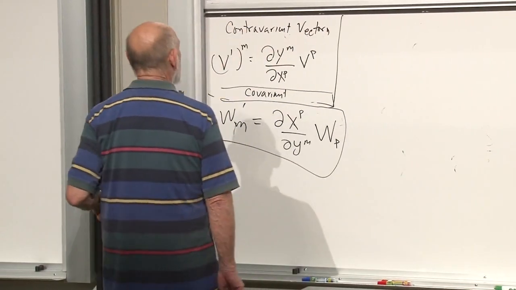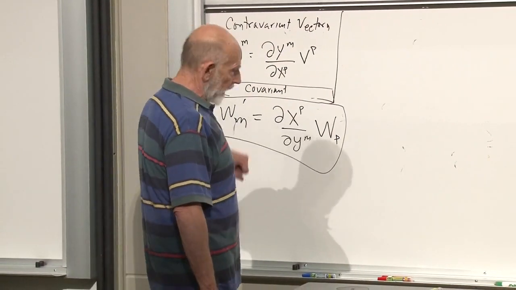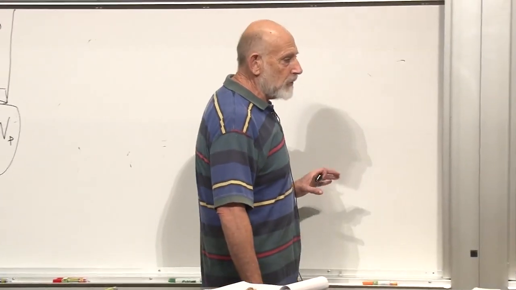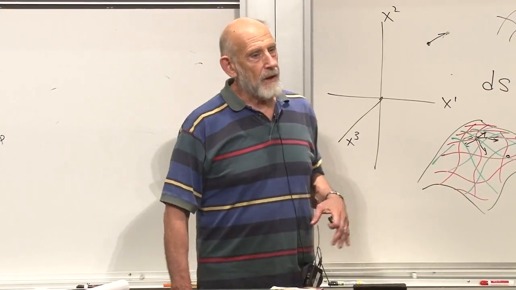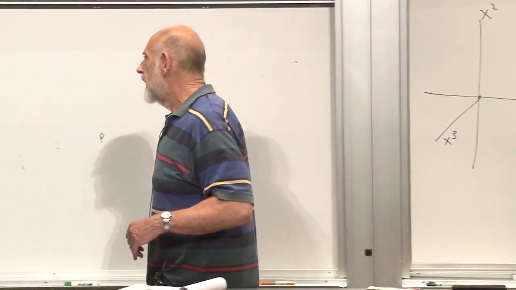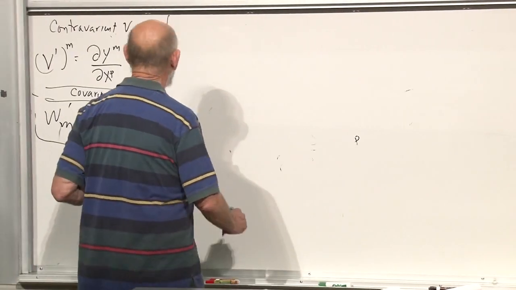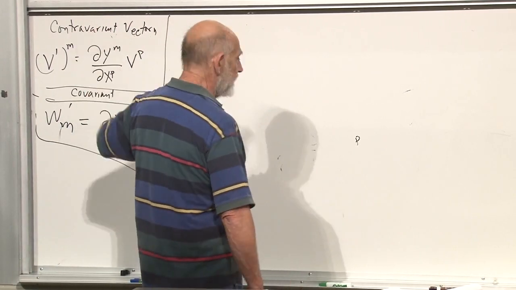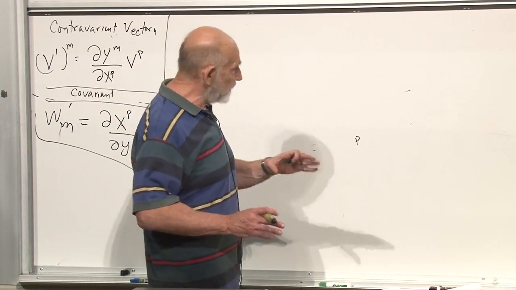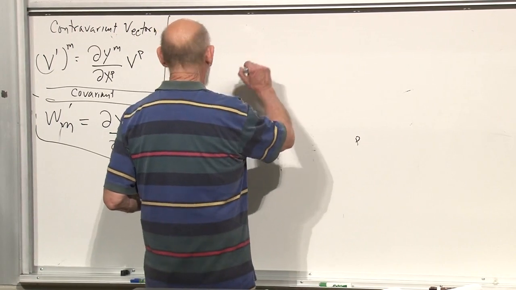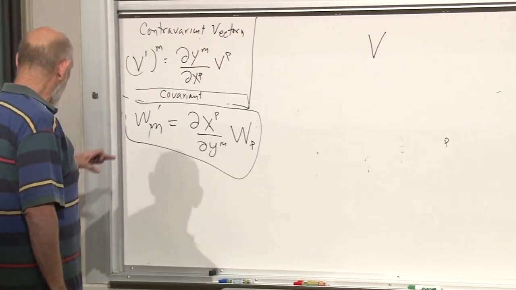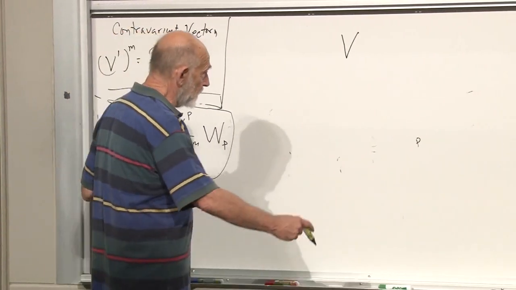Let's talk about tensors with more than one index. Now, the pattern for tensors of more than one index is just to imagine products. Let's suppose there are two contravariant vectors. Let's start with two different contravariant vectors. Let's call them V, and I suppose I've already called it, and U. Two different ones.